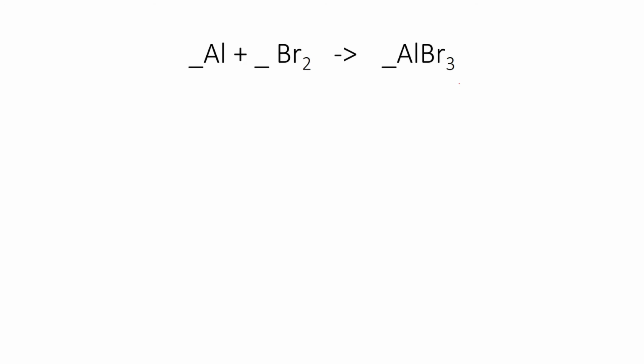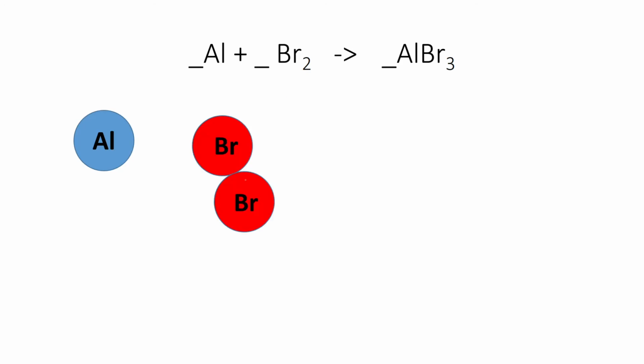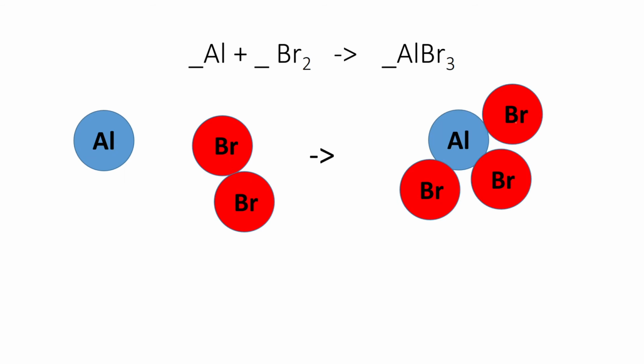Right, and our next example, here we've got aluminium, we've got bromine in a pair, so the 2 there means one aluminium, the bromine comes in a pair together, so they only come in pairs, and that produces this new bonded element, which is one aluminium with 3 bromine attached to it.